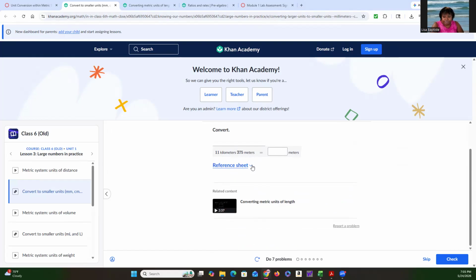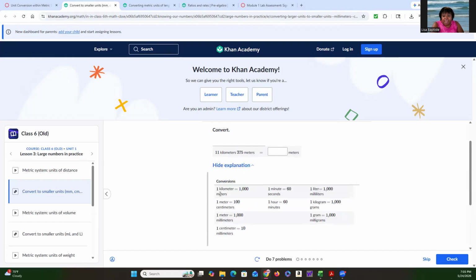And so we know that 11 kilometers, we need to multiply that by 1,000. So that's going to give us 11,000 meters. So 11,000 meters plus the 375, you have 11,375 meters.